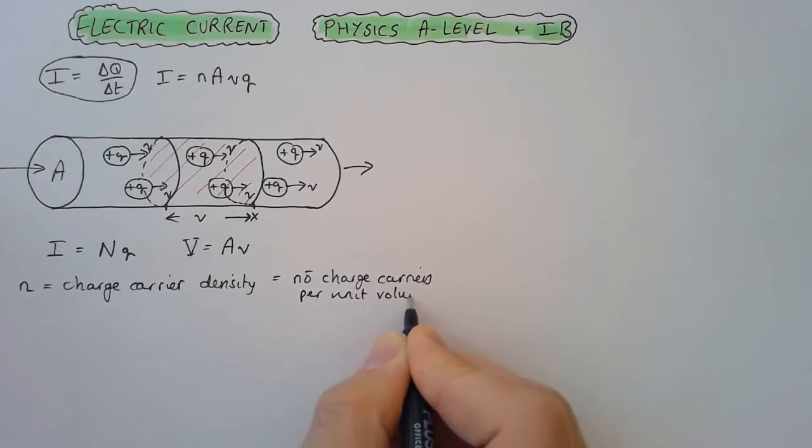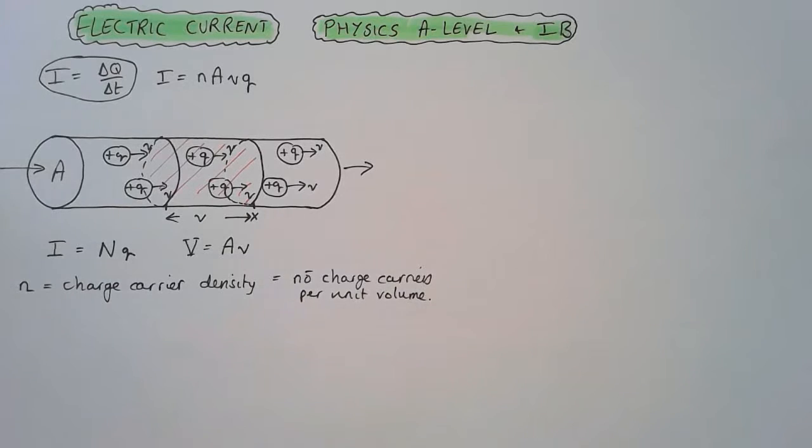Then I can express big N in terms of little n, because big N must be the number of charge carriers per unit volume times the volume we're looking at. So I've got an expression for big N, which will be n times the volume, and I already know that the volume is Av, because it's the volume of the cylinder.